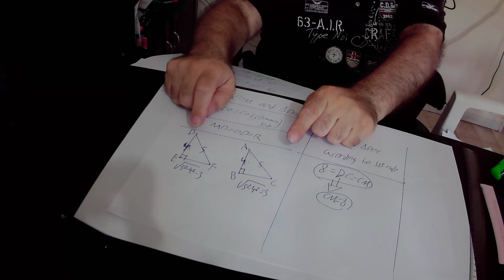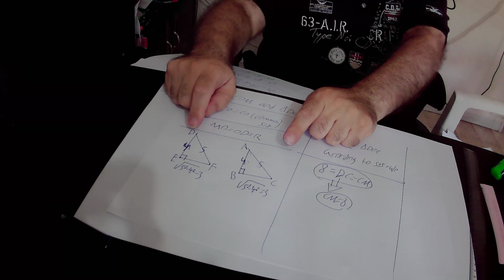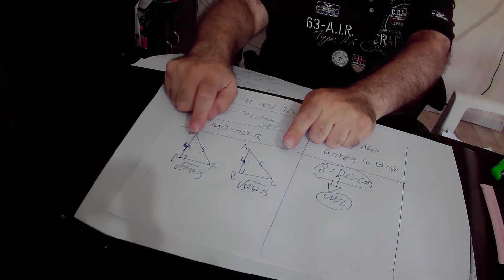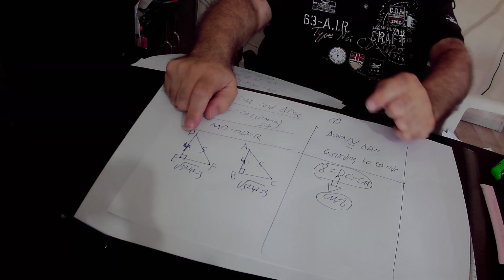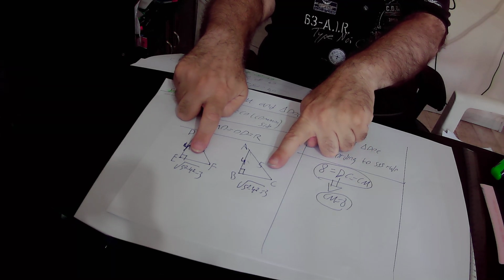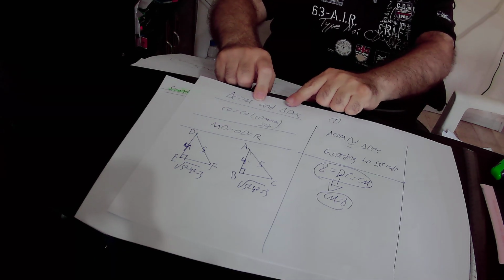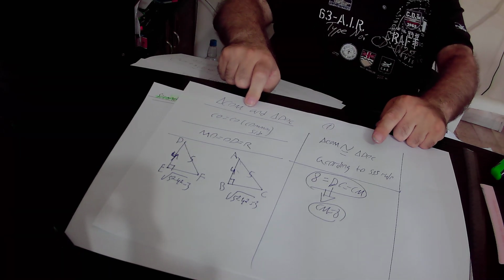So we found that if two right triangles have an equal hypotenuse and one equal side, then the third side must also be equal. Here, the third side in both right triangles is equal to 3. Therefore, those two right triangles are congruent according to the side rule.